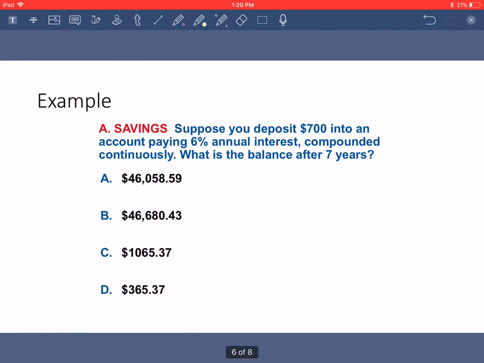All right, suppose you deposit $700 into an account paying 6% interest compounded continuously. What's the balance after 7 years? So we're looking for A. So A equals my principal, 700, times e raised to my rate, 0.06, times my time, 7.